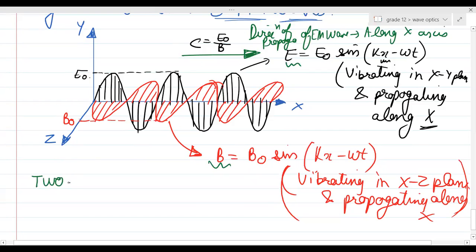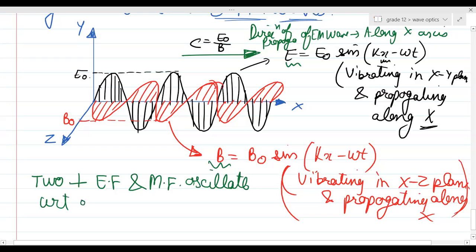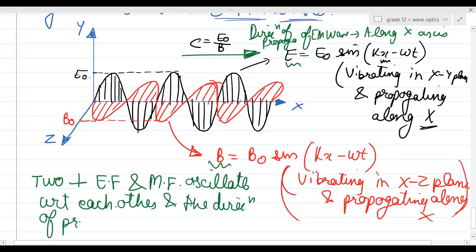Two perpendicular fields, an electric field and a magnetic field, oscillate with respect to each other, and the direction of propagation is perpendicular to the direction of vibration.